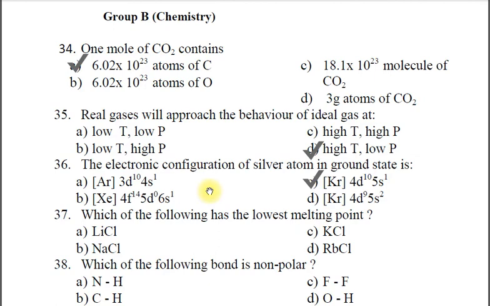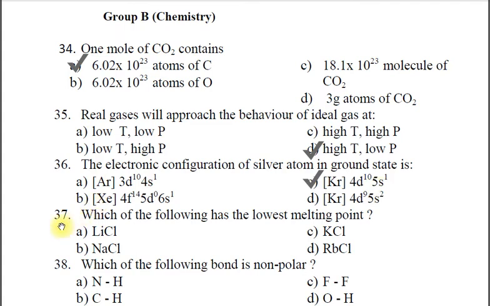So it could be krypton, 4d9 5s2. But since it is a transition metal, one electron transfers from the s orbital to make the d orbital complete. So the configuration is 4d10 5s1. I hope this is clear to you.